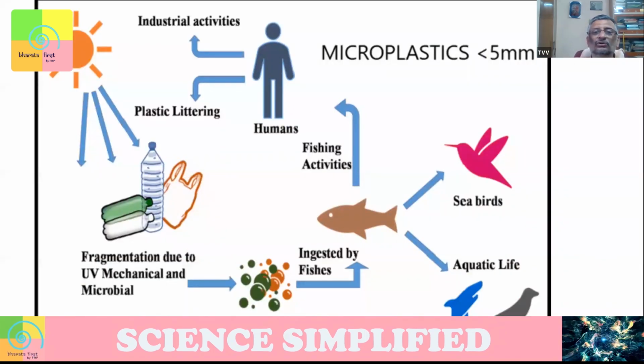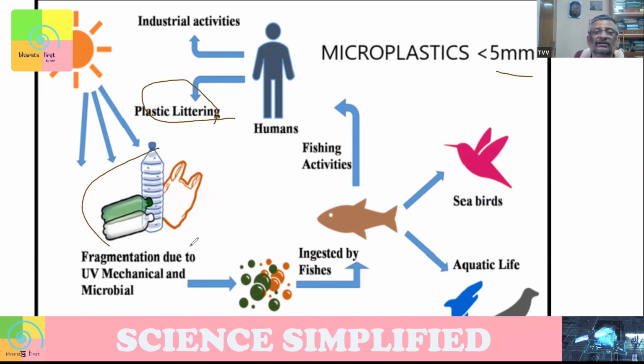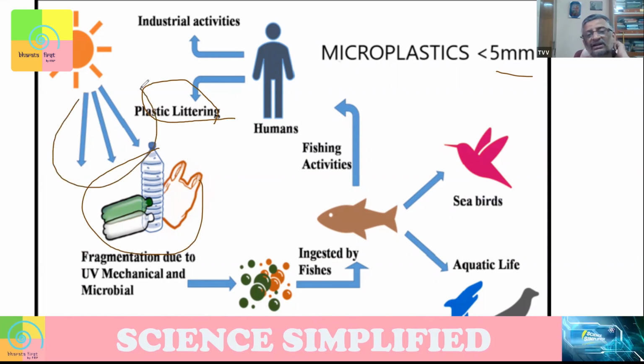Microplastics are plastics which are less than 5 millimeter, as I said. It starts with plastic littering. This plastic litter, with the sun's ultraviolet rays, or mechanical or microbial action, all this acts, and then these plastics are fragmented into microplastics.